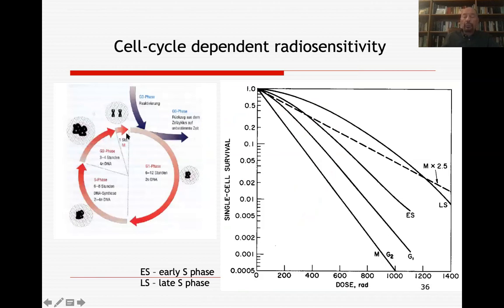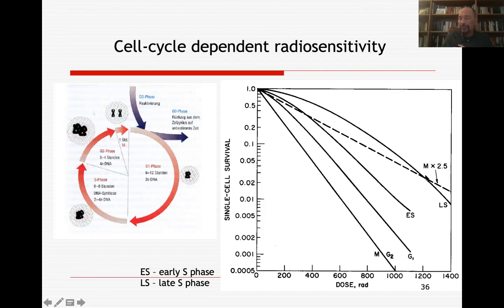Now, the sensitivity in the different phases is different. So if you irradiate the cells in different phases, you get different survival curves. The same cells, and quite significantly, you see, this is M phase. If you irradiate them in M phase, or let's say in late G2, this is G1, and this is early S phase and late S phase. This is only a magnification, if you want, of the mitosis.